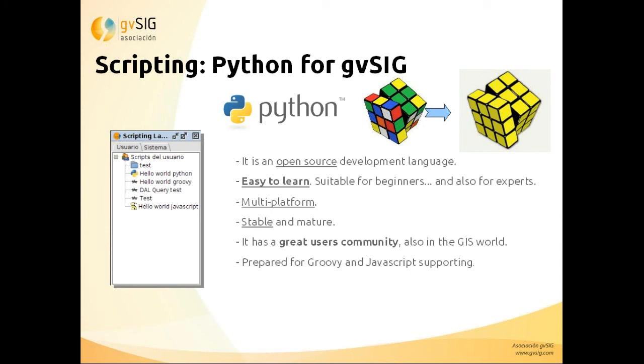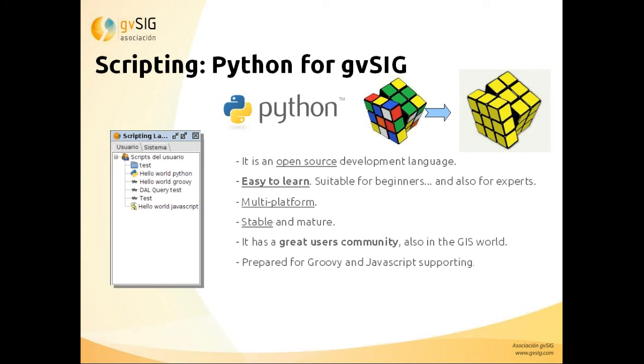At this moment, only scripting for vector layers is available, but scripting for raster layers will be available soon. And in the future, there will be a repository where the gvSIG community can upload their own scripts, and they can be downloaded by other users.